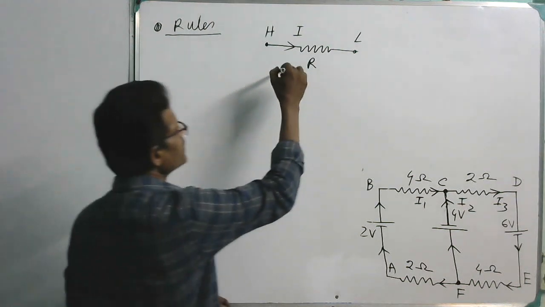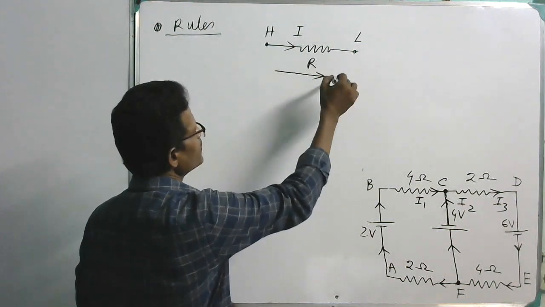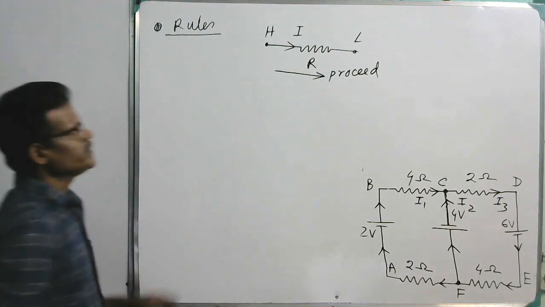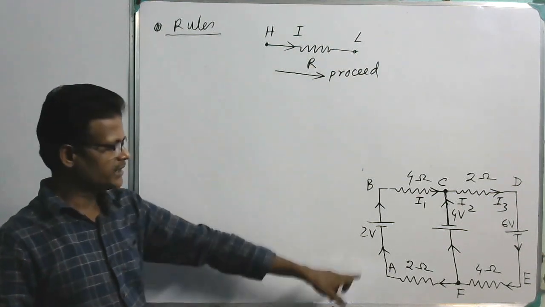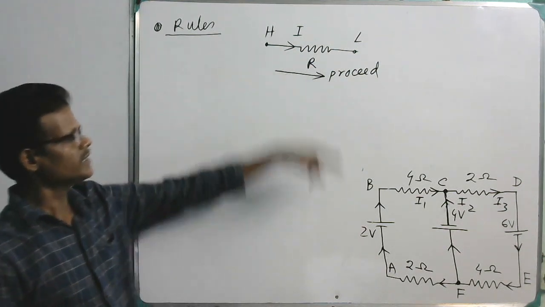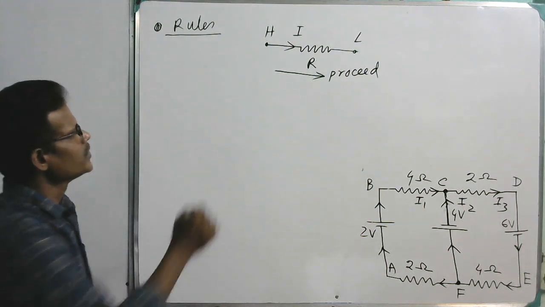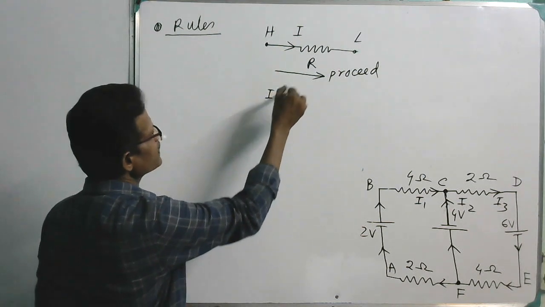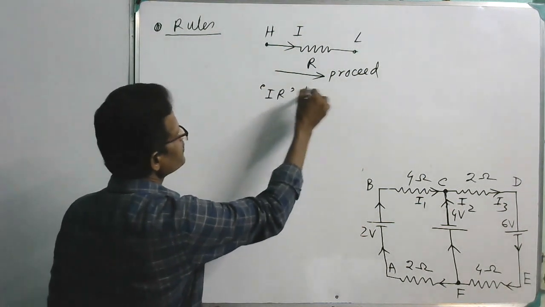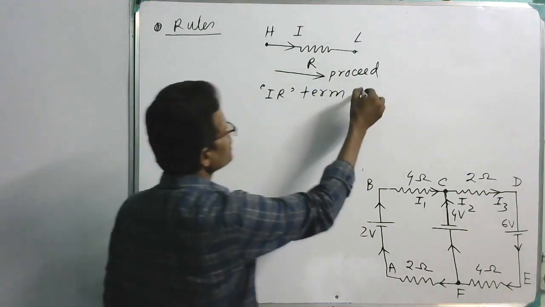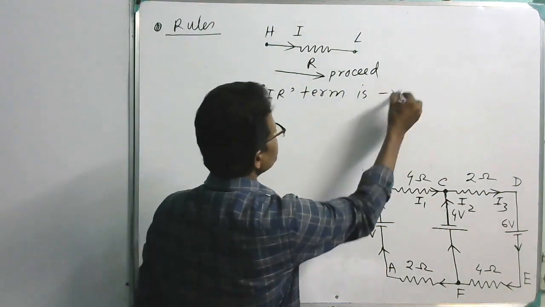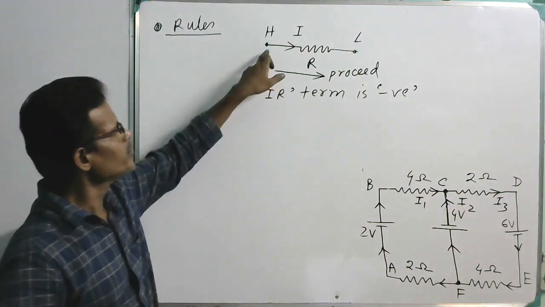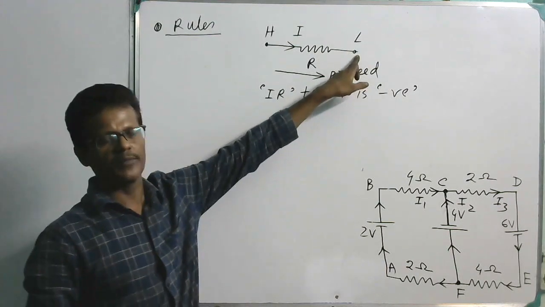So if you proceed this way, from higher to lower potential in the loop, the IR term is negative, because you are moving from higher to lower potential point.